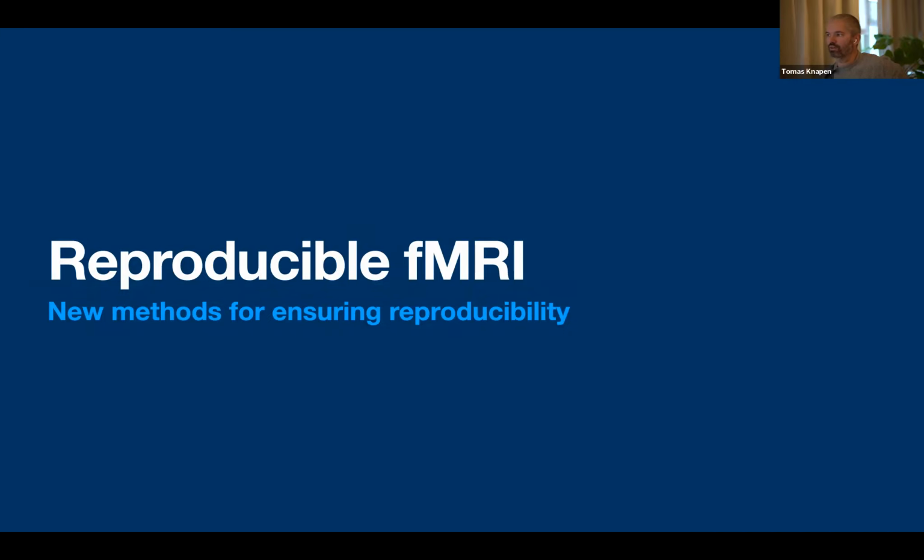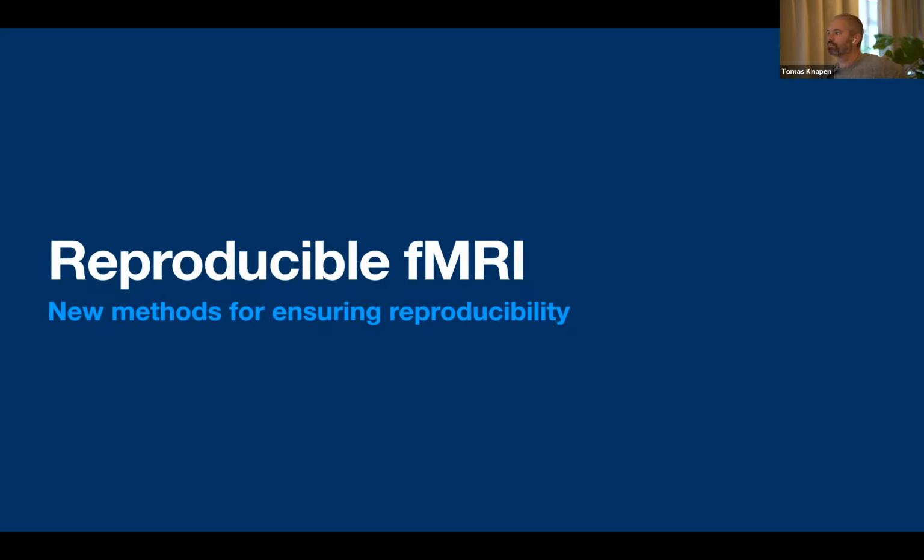And as a field, due to the whole reproducibility crisis, we've started to take steps towards more reproducible fMRI. Specifically, people have developed new methods that ensure reproducibility. And this week's practical goes into doing things like quality assurance and this pre-processing pipelining in exactly these reproducible ways.